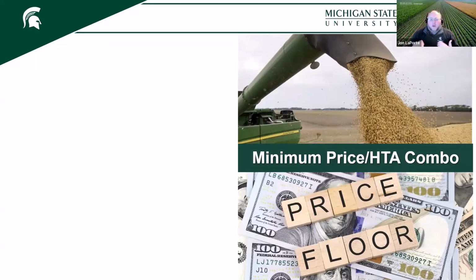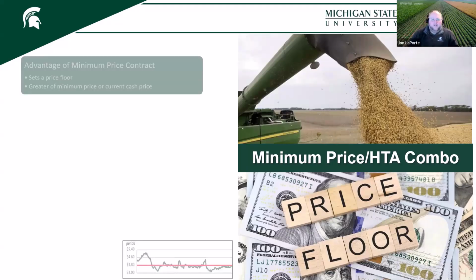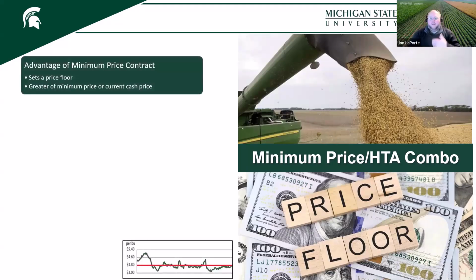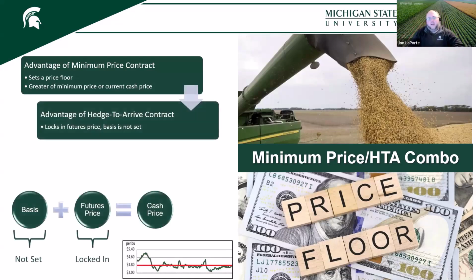But basically what we're talking about is a contract that offers the advantage of that minimum price contract, where we're setting that floor and we're going to look at the greater of that premium price or that current price. But it also has the advantage of a hedge-to-arrive contract, where you're going to lock in that futures and maybe that basis is not set.